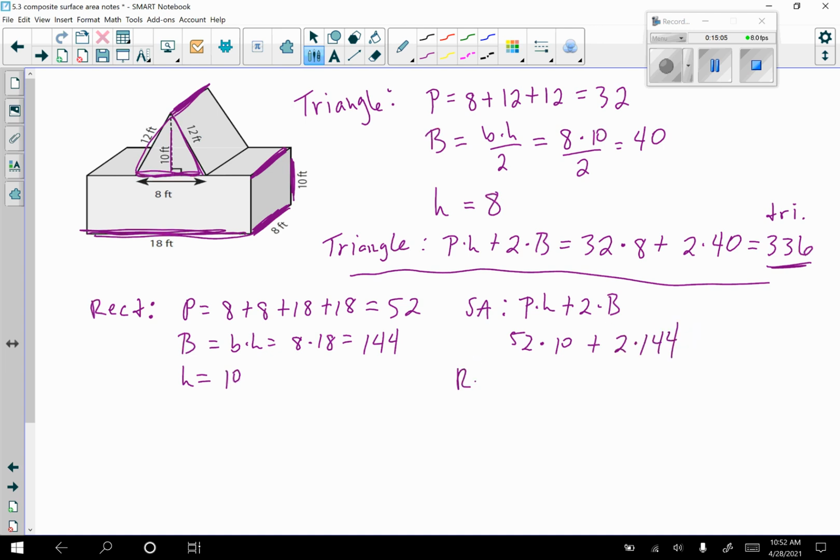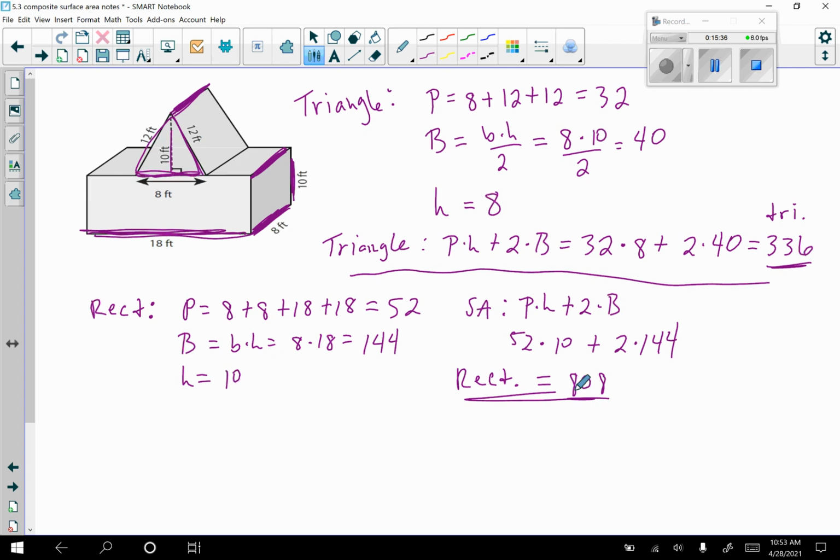So for our rectangular prism, 52 times 10 plus 2 times 144, and it's going to be 808. All right, so our rectangular prism is 808.